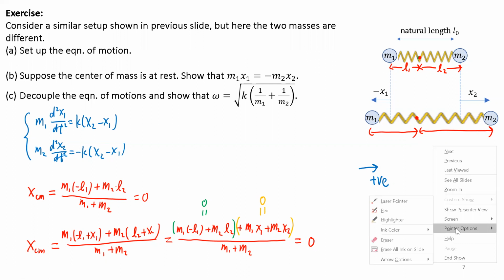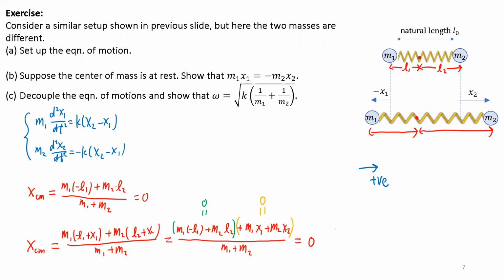Now if m2 instead is going to this side, then x2 would be some negative number. But the displacement is still called x2 anyway.